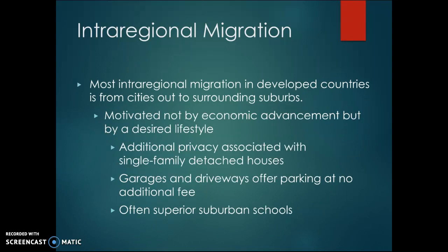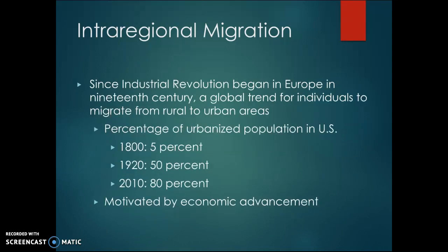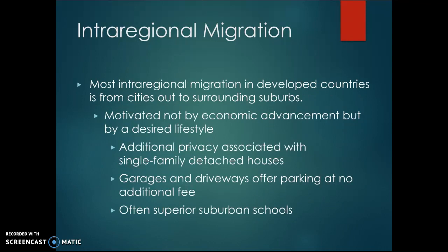Now, intra-regional migration also covers the idea of people moving out of the cities. People have the money, people don't want to be in the cities anymore, so they go into suburbs. They want their own driveway, they want a sidewalk for their kids to ride their bike on, and they don't want the increased crime possibly. However, this does have a negative effect.